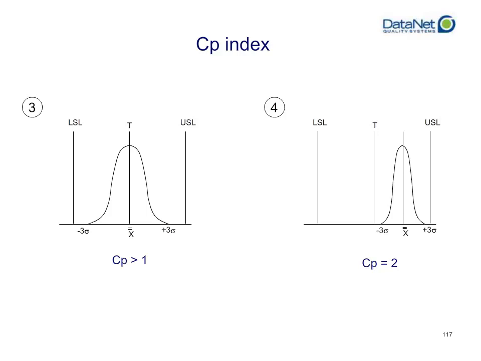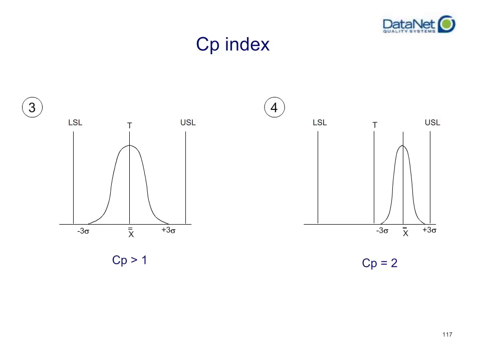In this example, your CP equals 2, but all of your data is clustered towards your upper specification limit. If your process starts to shift a little bit towards your upper spec limit, you're going to start producing a lot of bad product very quickly.